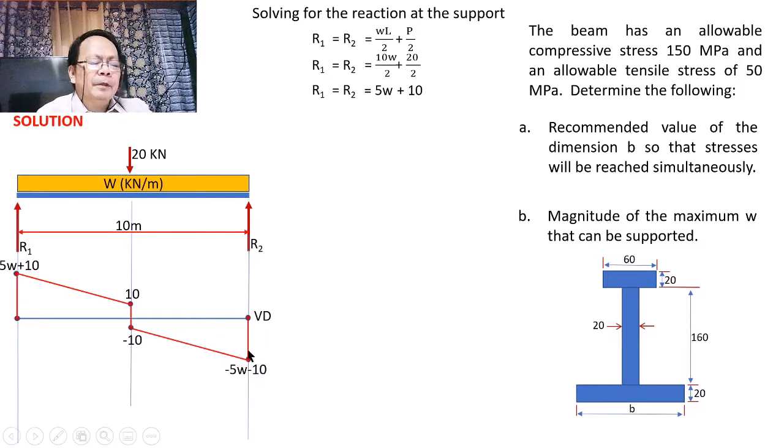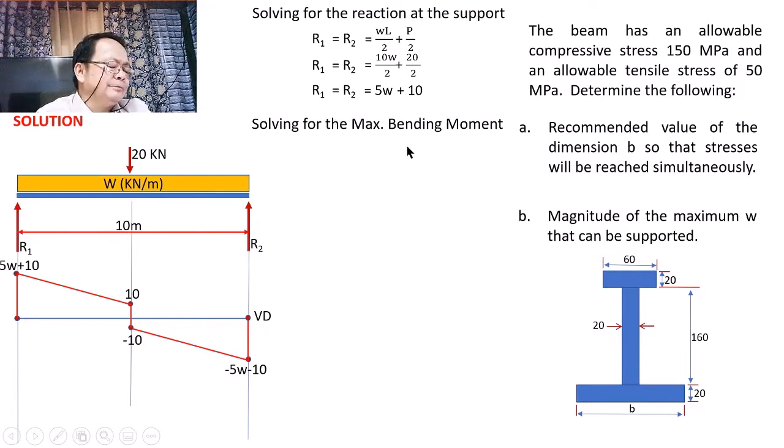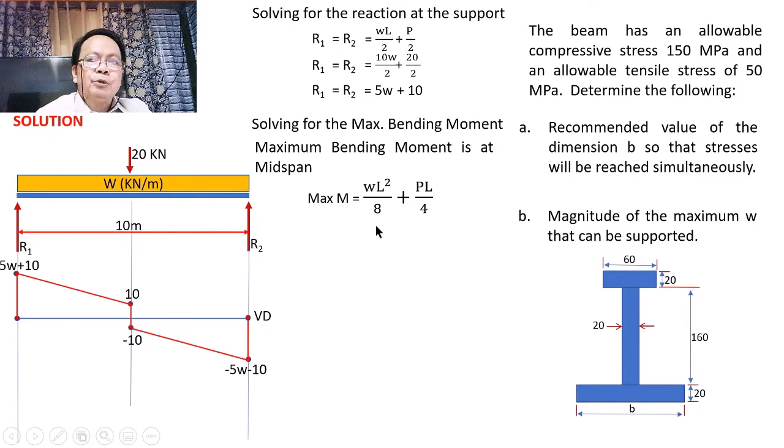Now, after we have computed the shear diagram, we are ready to draw the moment diagram. We solve now for the maximum bending moment. Kung nakapag-solve ka na ng marami mga problem about shear and moment diagram, you will discover that the maximum bending moment for a uniformly distributed load of magnitude W will be equal to WL square over 8.